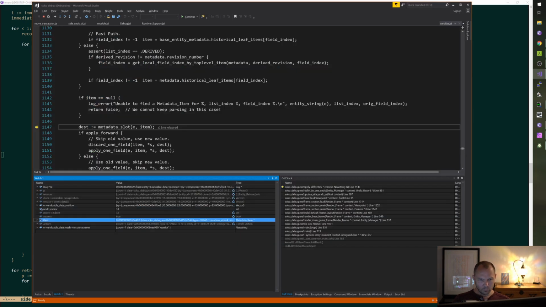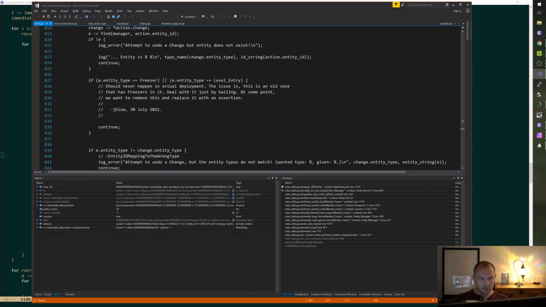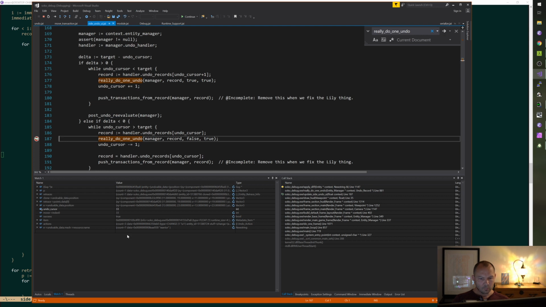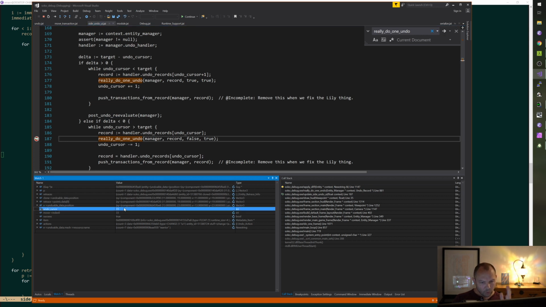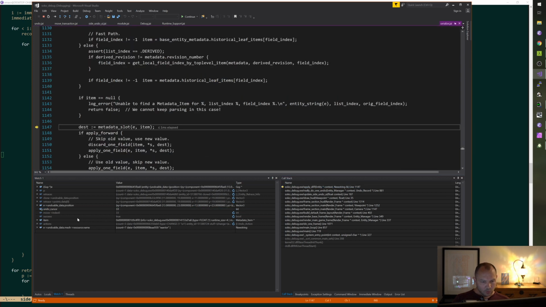I'm really confused. Let's jump back up once and verify this again. This is undo cursor 33. It had 3 actions. Oh, is it a change? Are we sure?